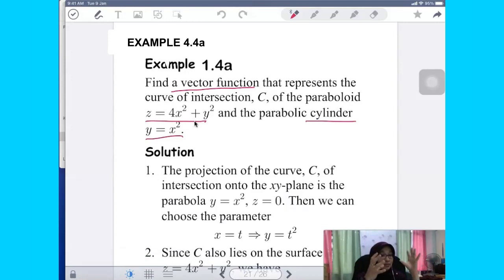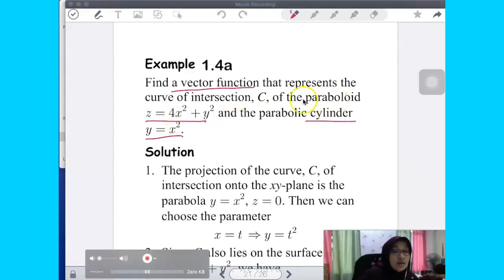When you intersect a surface and a surface, you will get a curve. Remember, if you intersect a curve with a curve or a line and a line, you will get a point. But when you have two surfaces and match them together, you will get a curve. So now we want to find the vector function of this curve, which is obtained by the intersection of these two surfaces.